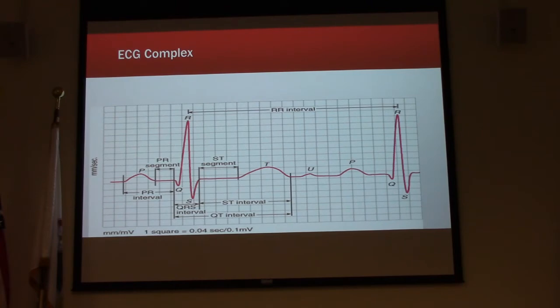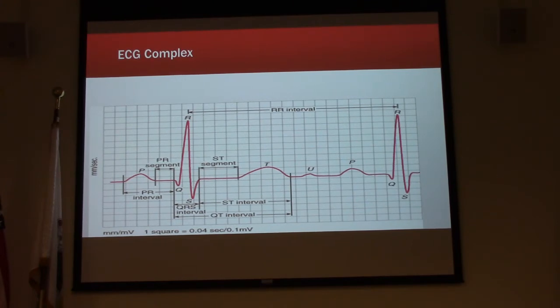Our QRS complex then is the ventricular depolarization, and the ST segment is the time it's taking for the ventricle to repolarize. And then we have our T wave, which means the ventricles have completely repolarized. Most of the time, we do not see the U wave at the end here. The U wave is only seen in bradycardic rhythms, and they're not exactly sure what is going on with the U wave, but they've come up with the idea that it's probably the Purkinje fibers that are repolarizing at that point.